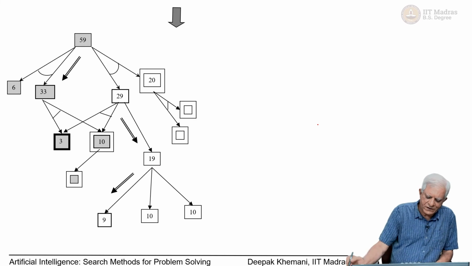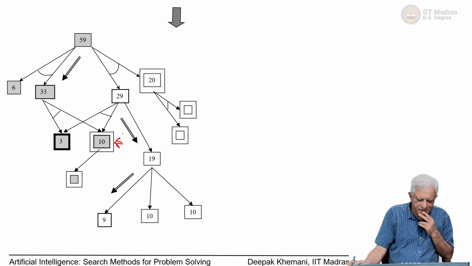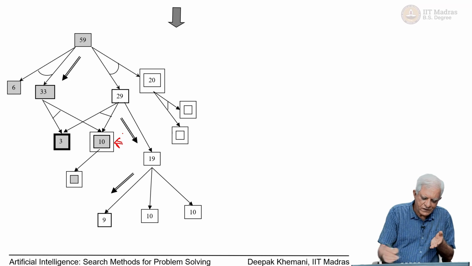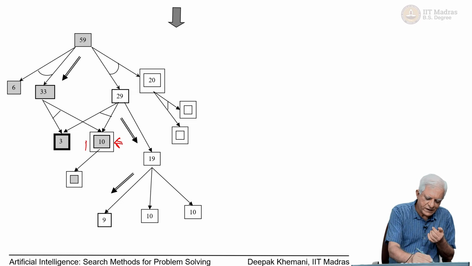So, it has refined that node 4. So, this was a node it has picked for refinement, and it has one child, let us say, which has a cost 0, and so from 4 this has gone up to 10 essentially.